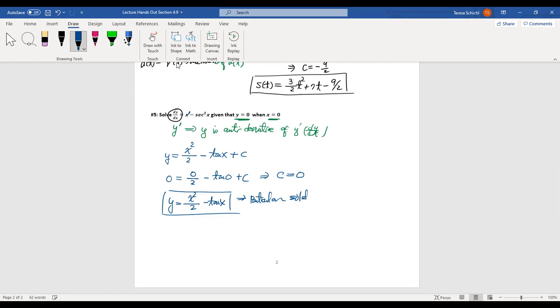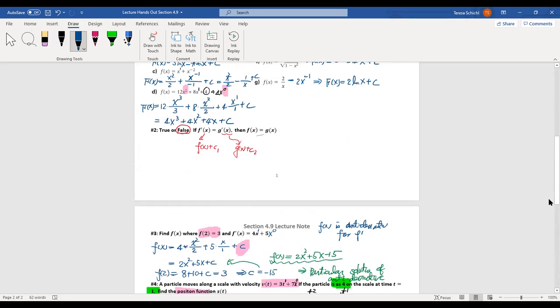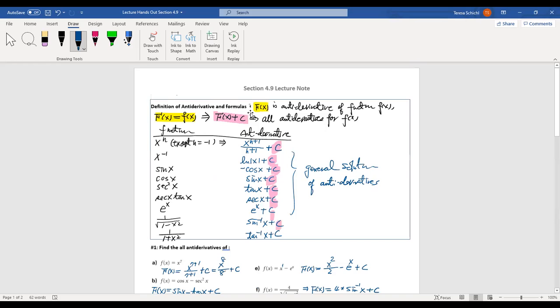Okay, so this section is a very easy section. It's just to give us an introduction to integration. We talk about the antiderivatives here. Whatever antiderivative you find, you can always take the derivative to check whether you get the function you were given. We have two kinds of antiderivatives. The one where I put all the formulas with a C is what we call the general solution of the antiderivative.